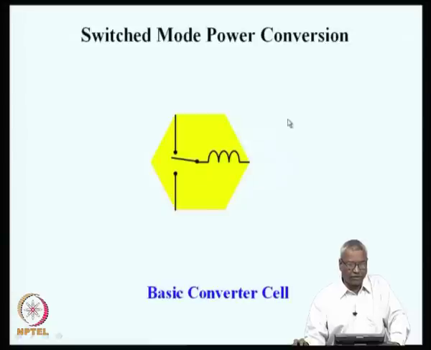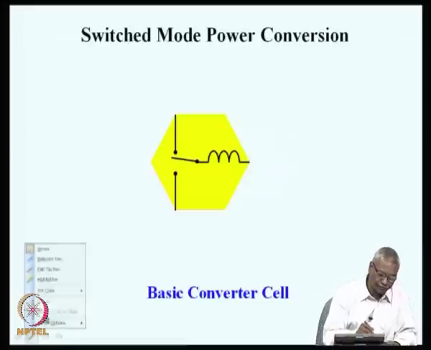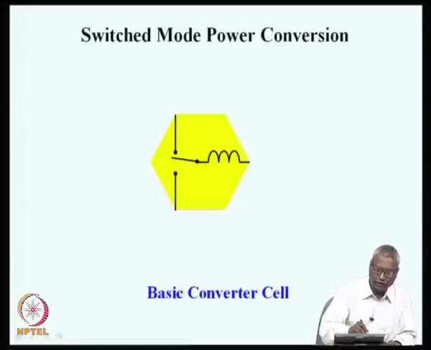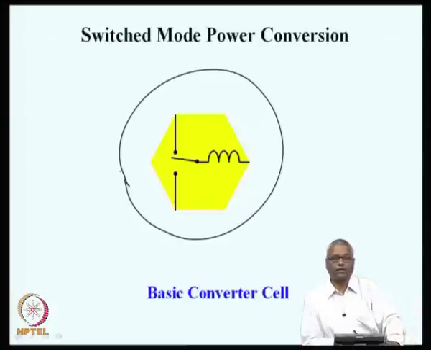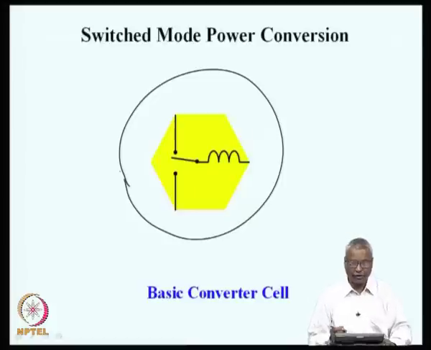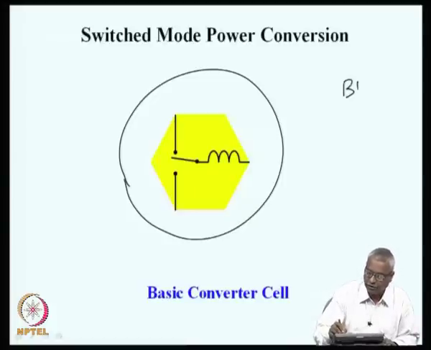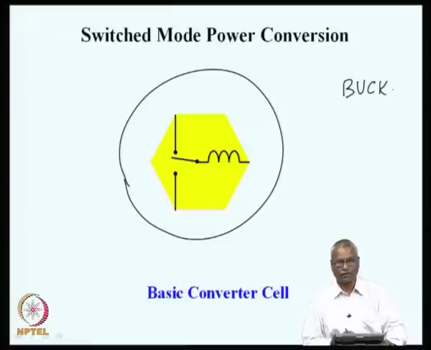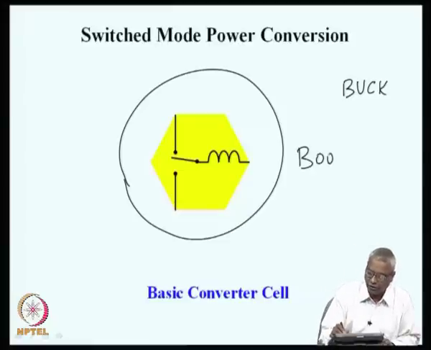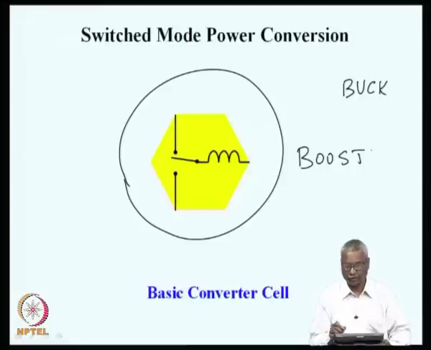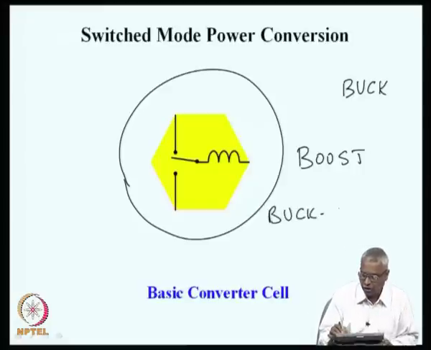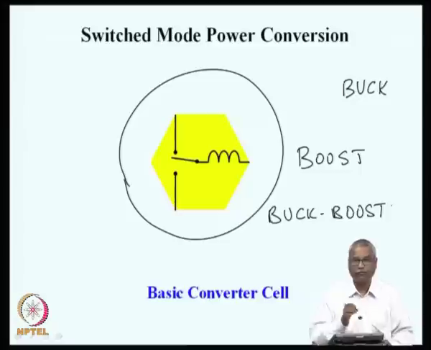We had seen in the previous lectures that in switched mode power conversion, we defined a basic cell which consists of a single pole double throw switch and one energy storage element, the inductor, and then this was converted in several ways to identify different power conversion functions, namely the buck power converter. Then we saw the boost power converter, then we saw the buck boost power converter.